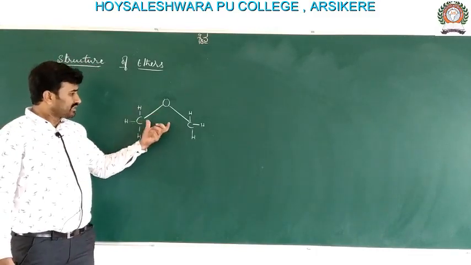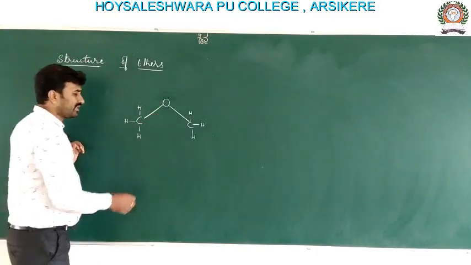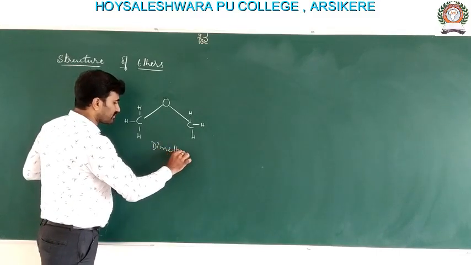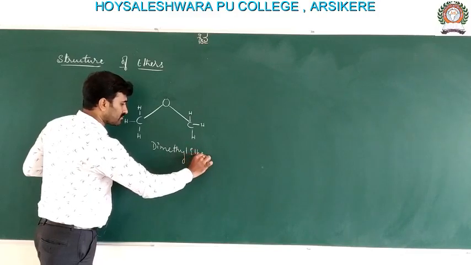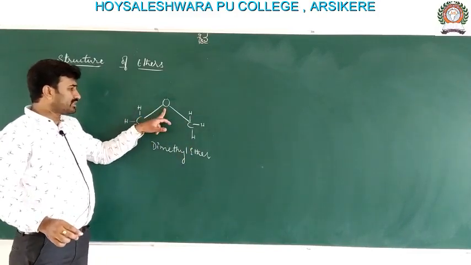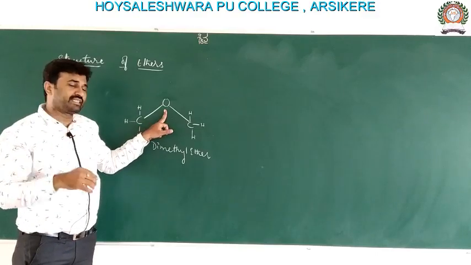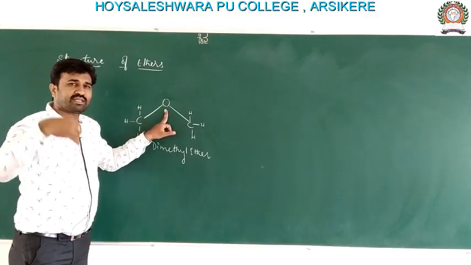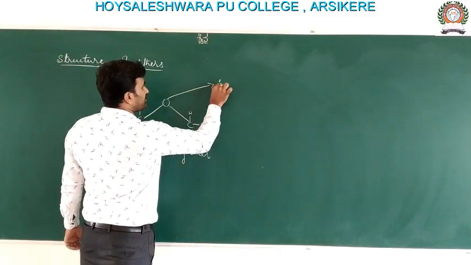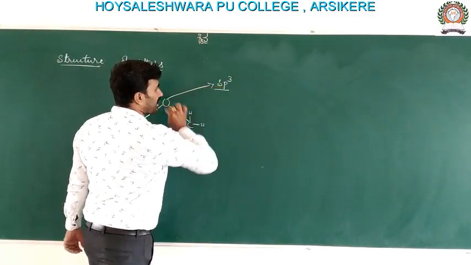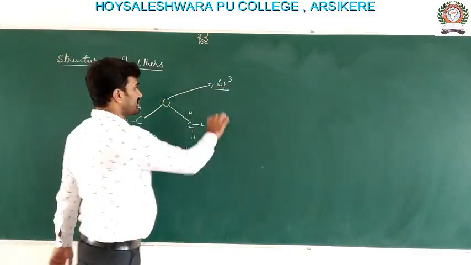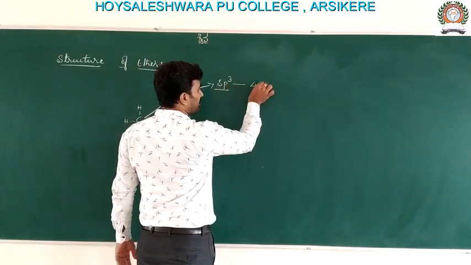I am taking an example of dimethyl ether, or ethoxyethane. The oxygen atom of ethers, whether it is dimethyl ether, diethyl ether or any ether, is sp3 hybridized. sp3 hybridization means how many hybrid orbitals are there?